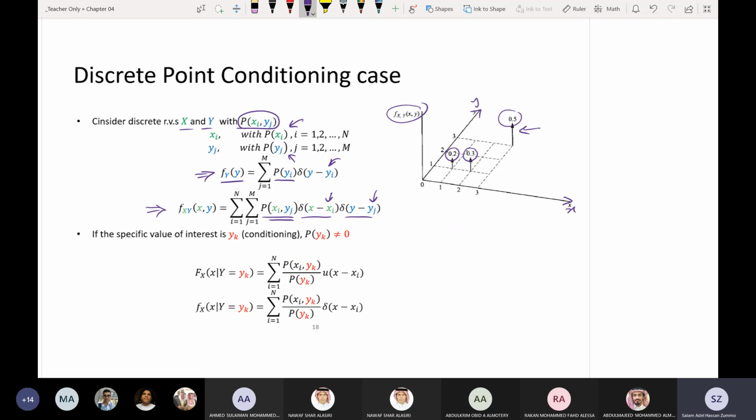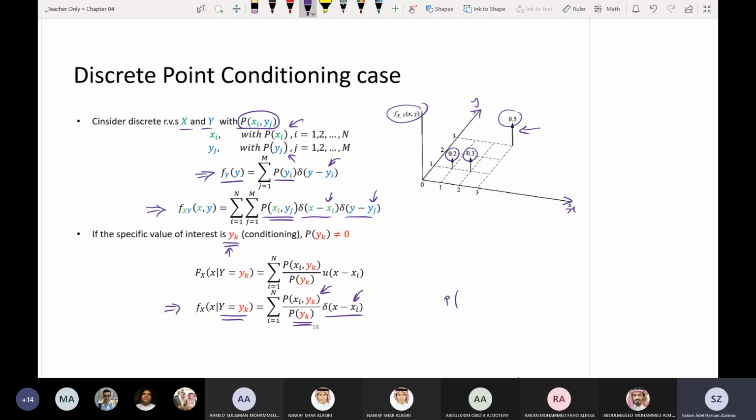Now, if I condition at a specific value yk, then the PDF of x given yk equals a series of deltas at xi. However, every delta of these will be weighted by the joint probability of xi, yk divided by the probability of yk.